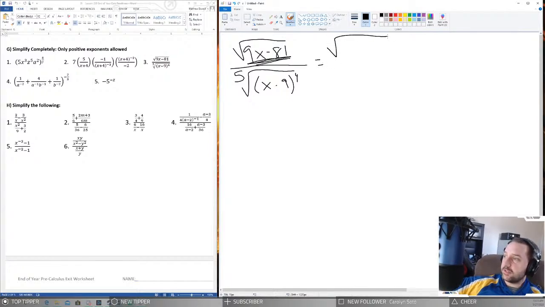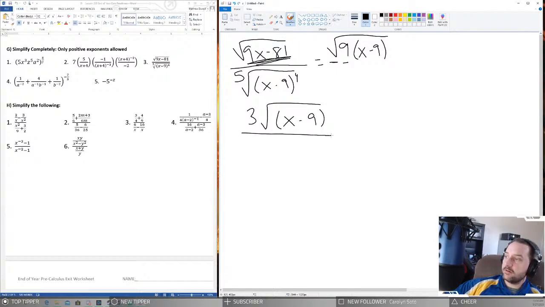I'm only going to focus on the top for now. And now this is the square root of 9. Well, I know what the square root of 9 is. It's 3. So this is going to give me 3 square root of x minus 9, and then over the 5th root of x minus 9 to the 4th.